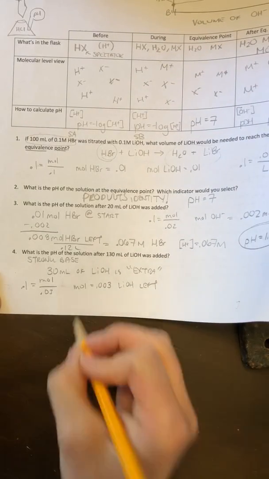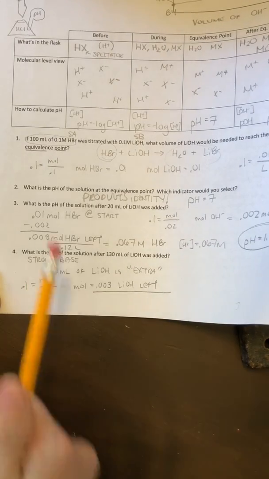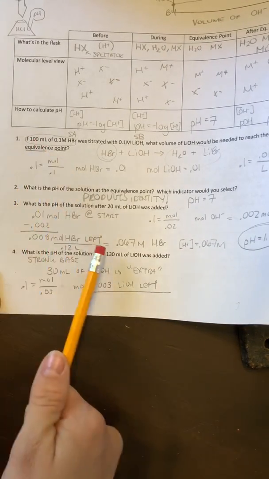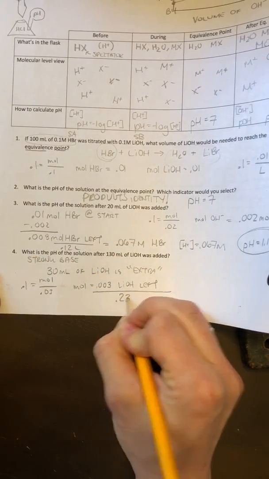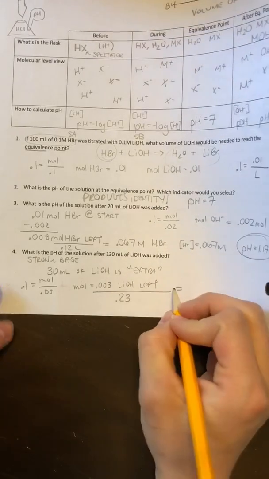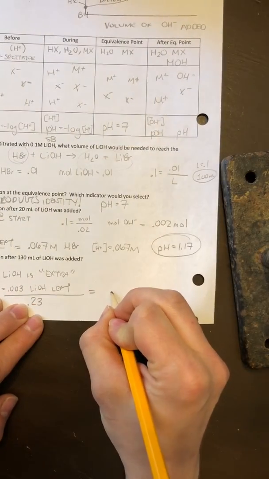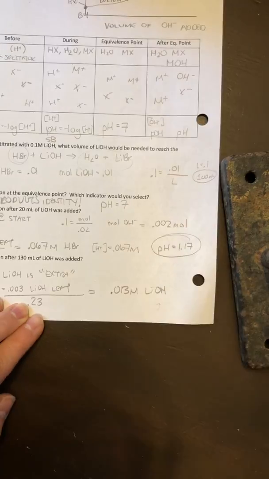To get the molarity, I need to divide that by the total volume at this point. It's a mixture of the 100 milliliters of the acid with the 130 of the base, so that would be 0.23 liters. So we have a molarity of 0.013 molar lithium hydroxide, which remember is a strong base.